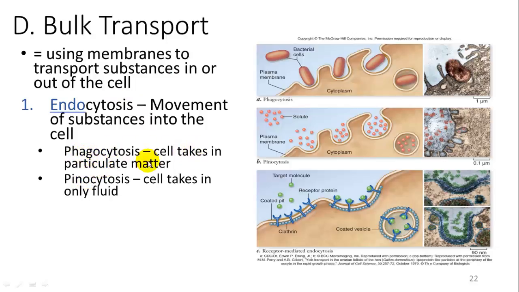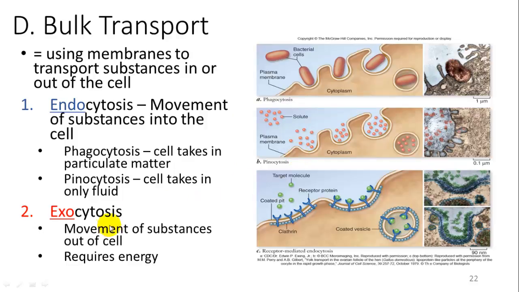Phagocytosis takes in particulate matter, or in this example, a bacterium being trapped inside a membrane. And then pinocytosis is where it only takes in fluid.